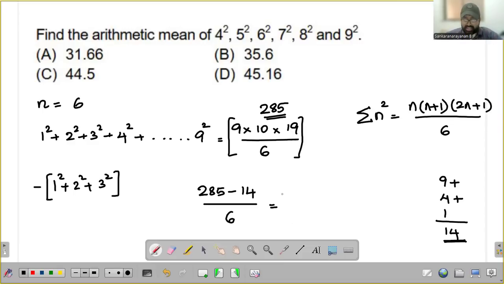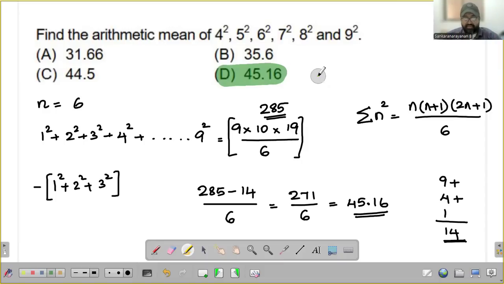So this is 285 minus 14 divided by 6, which is 271 divided by 6. This value will be 45.16. Looking at the answer choices, option D reads 45.16, and that is going to be my answer for this question.